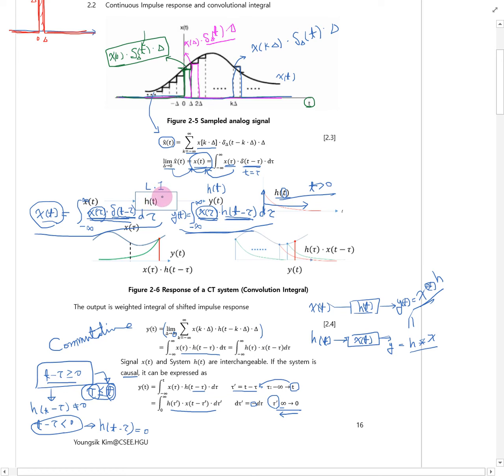If we assume that the system is linear and time invariant, then scaled, shifted, and summed operations applied to the input are the same operations applied to the output. The impulse response is scaled and shifted and summed. That will give the output. Basically, this one is related to the superposition theory.